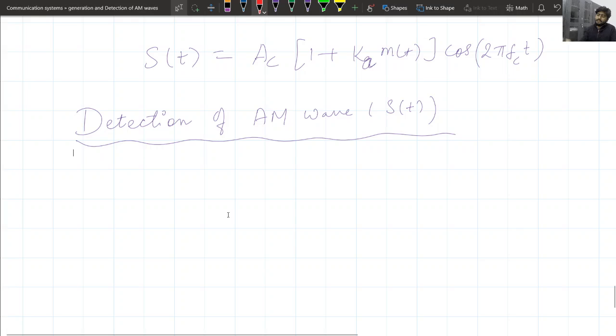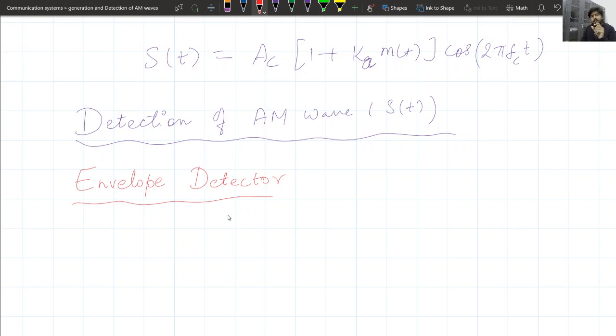For this, there is one method called the envelope detector. As we have seen, the message signal resides on the envelope of the carrier wave. Then with the help of the envelope detector, we will try to trace the envelope of the modulated wave.